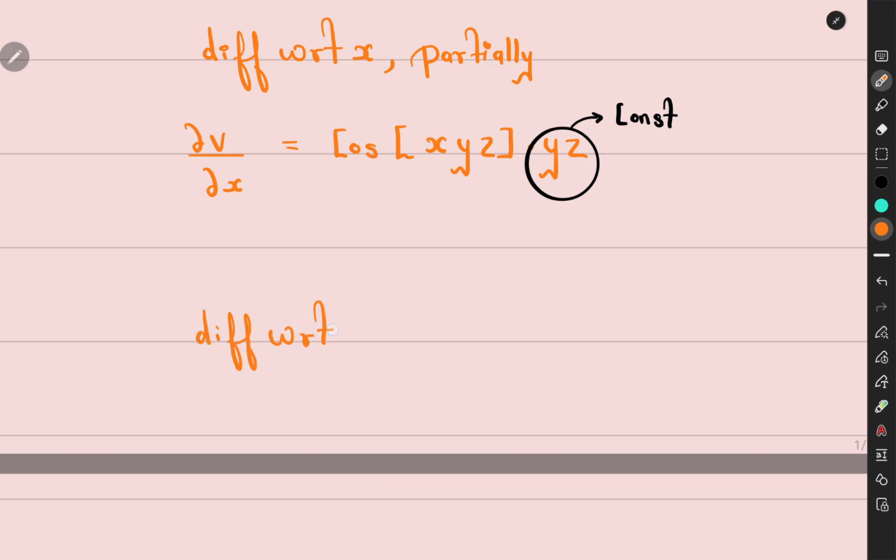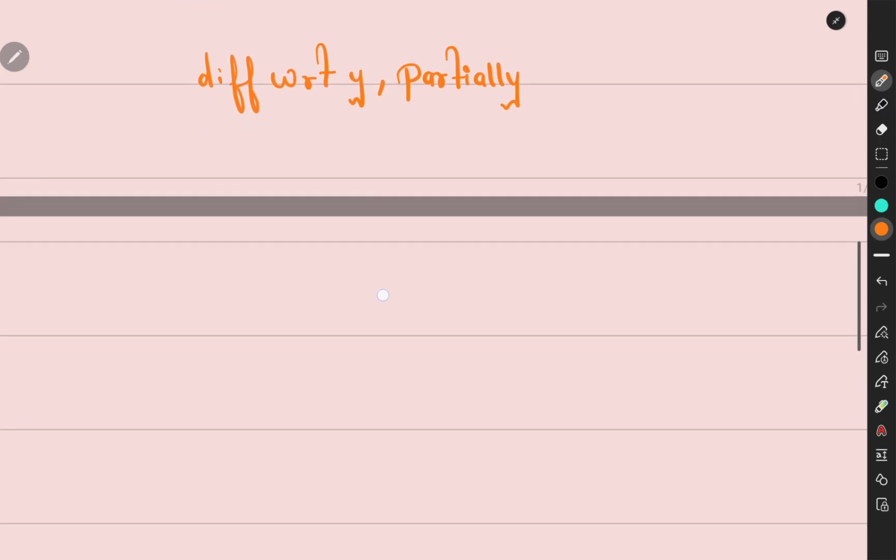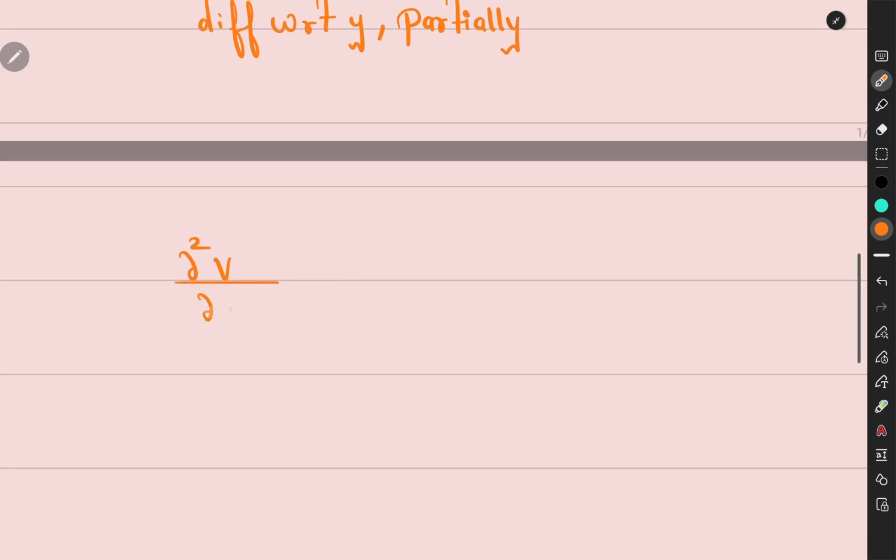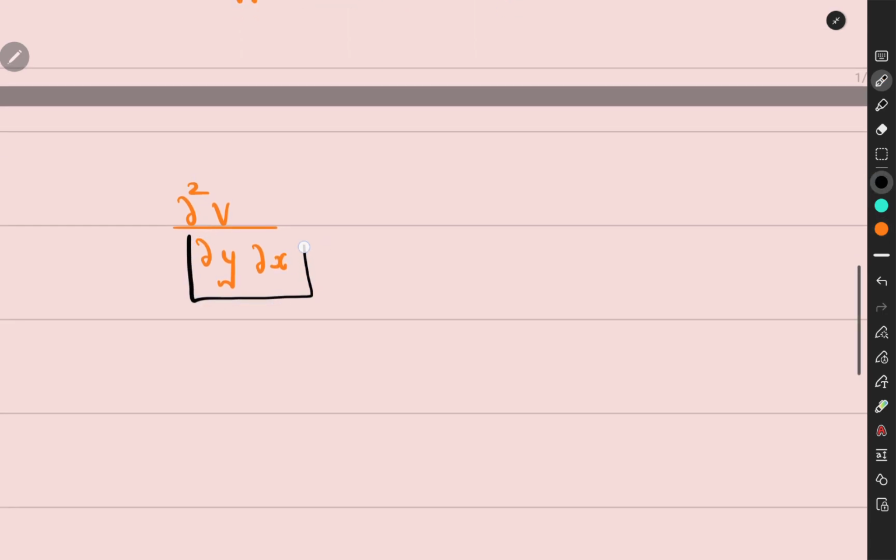Now if I am differentiating with respect to y partially, it will look like del 2v by del y del x. When I say the denominator has independent variables, as you can see, it varies.